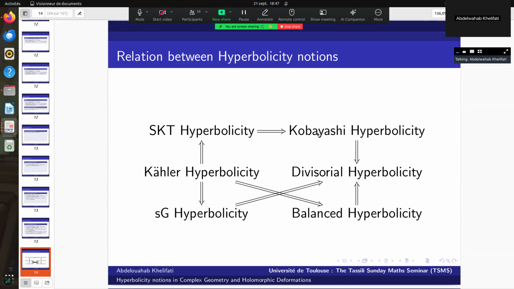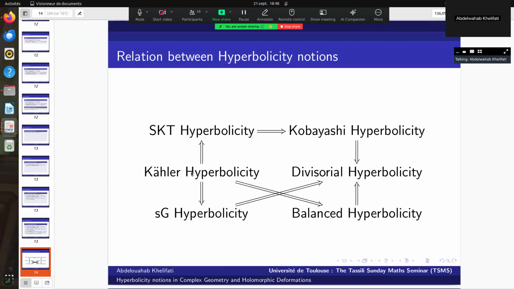To prove that a manifold is not Kobayashi hyperbolic, for instance, it's easy: you just have to find one complex curve in this manifold. But to show that a manifold does not have any complex curve except constant ones is very difficult. And this is where the metric part is important, because it provides us with examples.